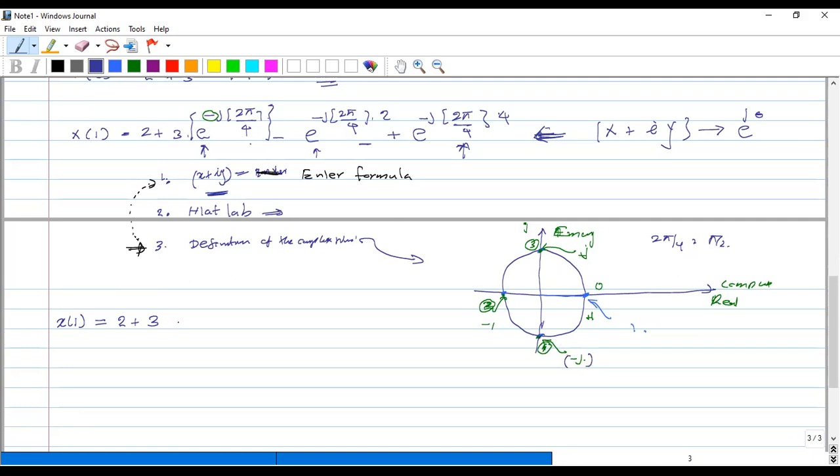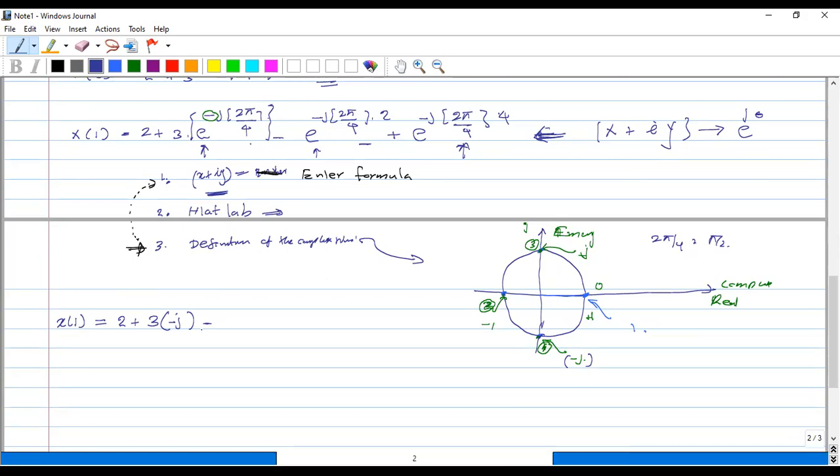Then e to the power minus j 2π by 4, times 2. So this point will be -1, and -1 times -1 gives +1 here.